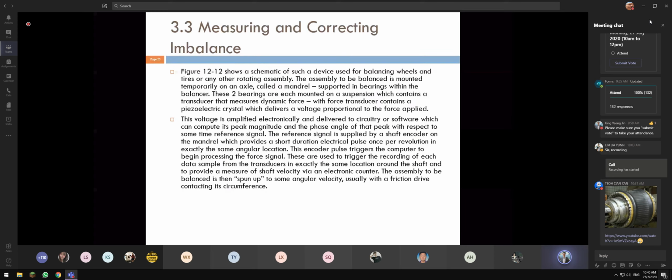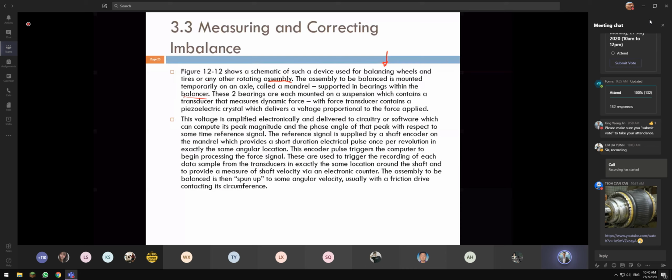So Figure 12-12 shows schematics of such a device used for balancing wheels and tires or any other rotating assembly. So basically anything you need dynamic balancing for, you can put it there. The assembly to be balanced is mounted temporarily on the axle, or we call it a mandrel, supported by bearings with the balancer.